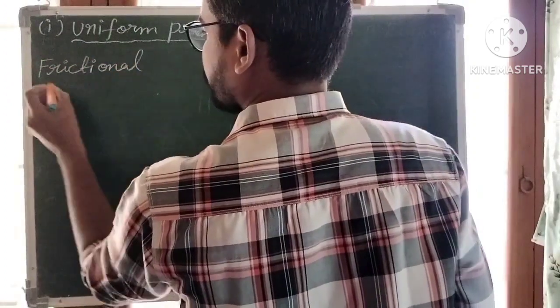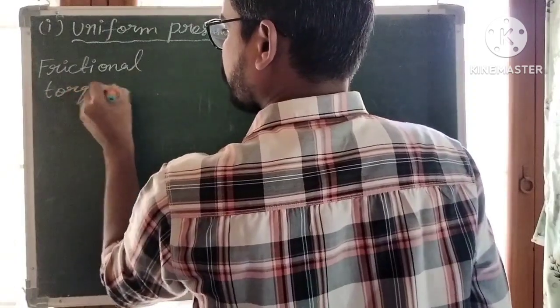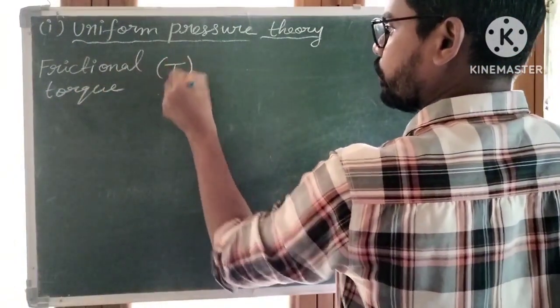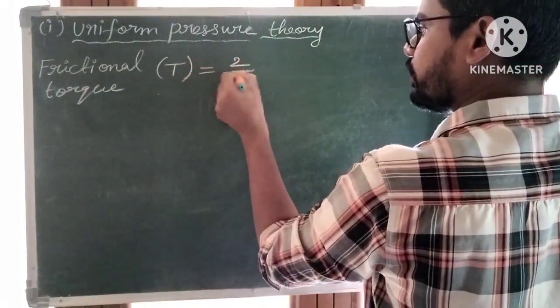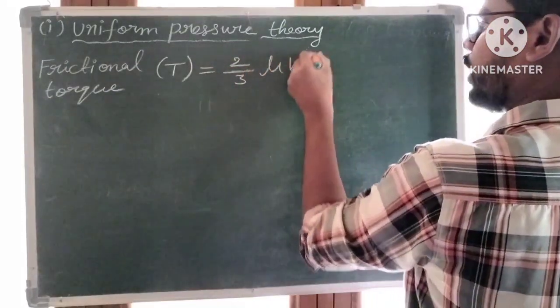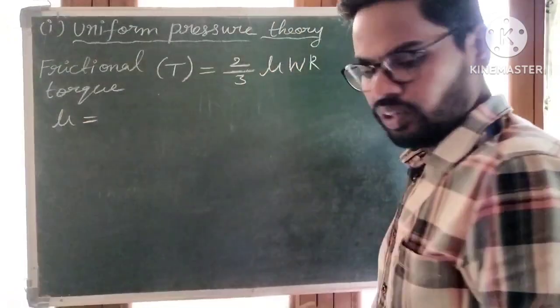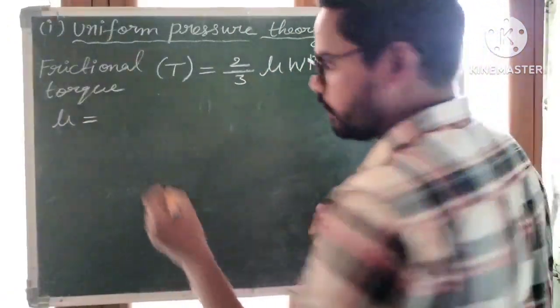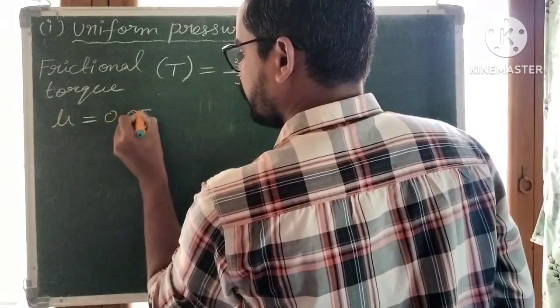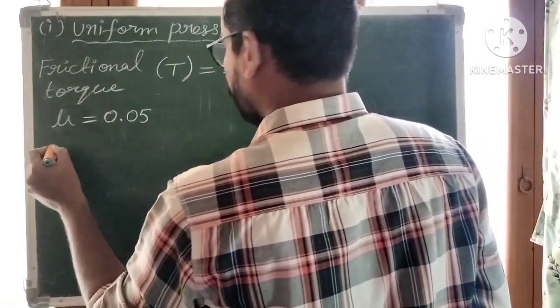Frictional torque of the bearing T is equal to 2/3 into mu WR. First of all, what is mu? Mu means coefficient of friction. How much is the given coefficient of friction? You are given 0.05. Let us write all the given data.